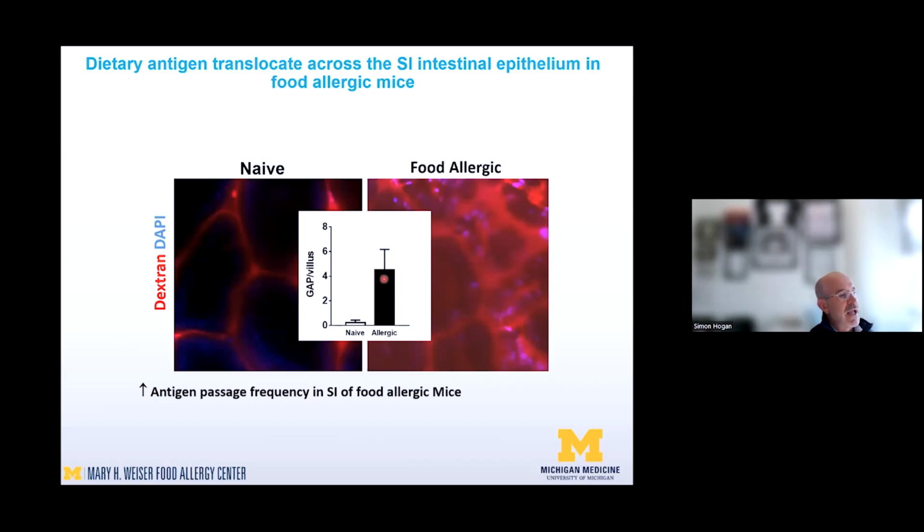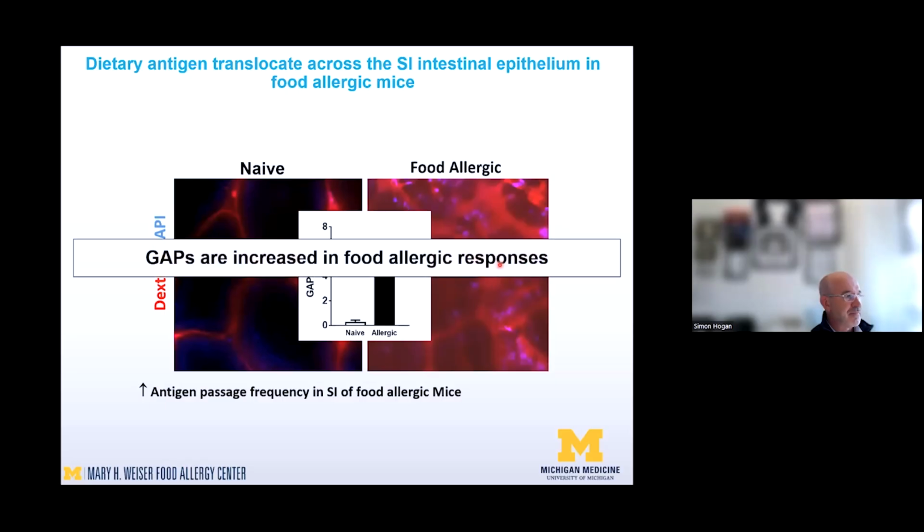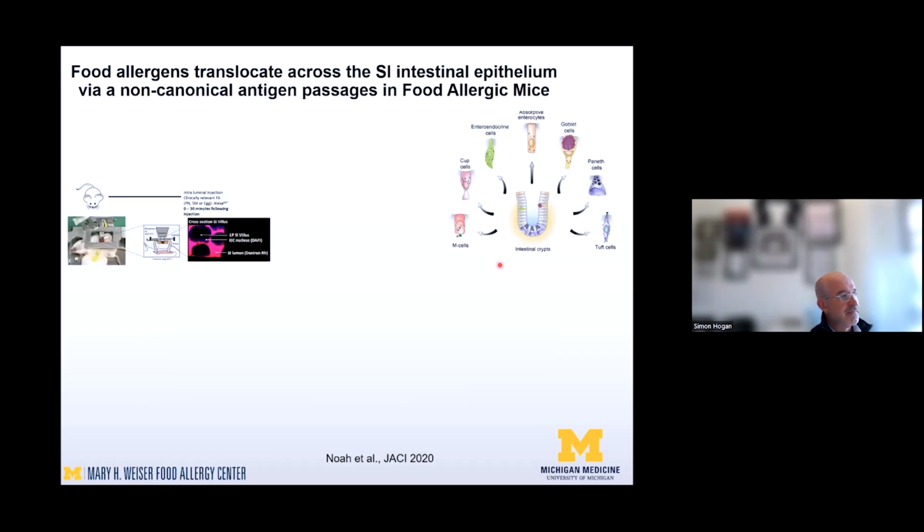So this says two things. One, epithelial antigen sampling in the food allergic mouse is altered, and two, the ability to absorb antigen is higher in food allergic mice than naive mice. So goblet cell antigen passages are increased in the small intestine of food allergic mice.